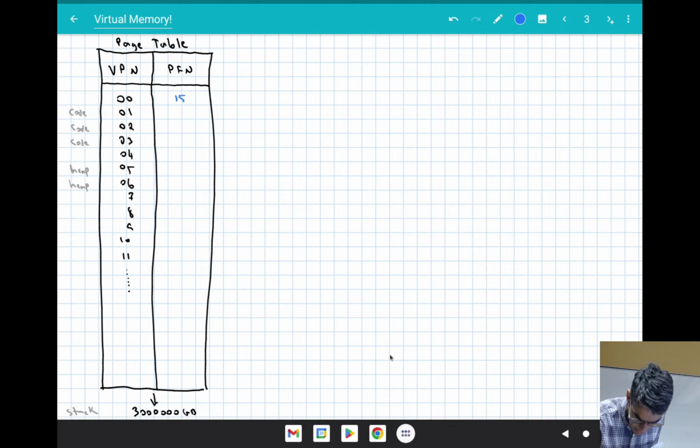So I'm going to say that this is going into page 15. This one goes into page 37. This one goes into page 2. This one is page 5. And then so on. This is the same structure that we have right now. This is our linear page table. But once we get past the heap, all of these entries are just blank. These have not actually been allocated by the process.